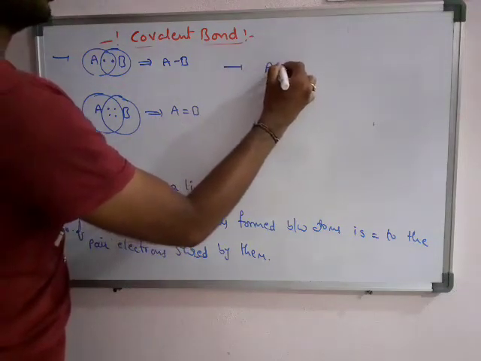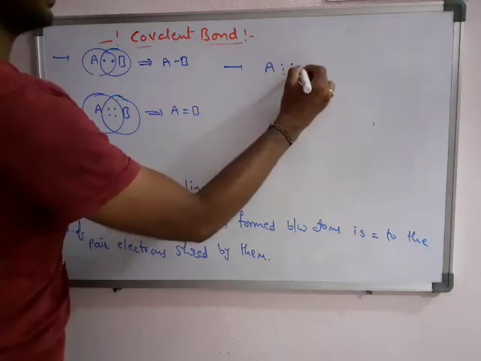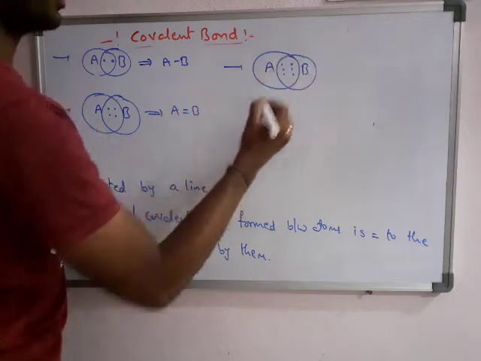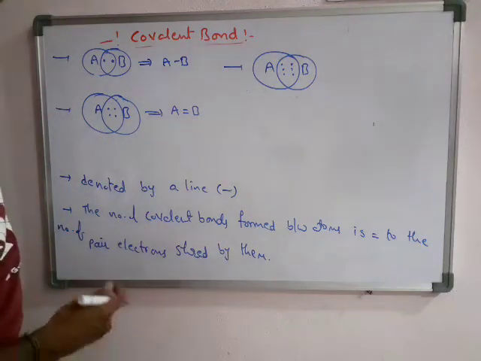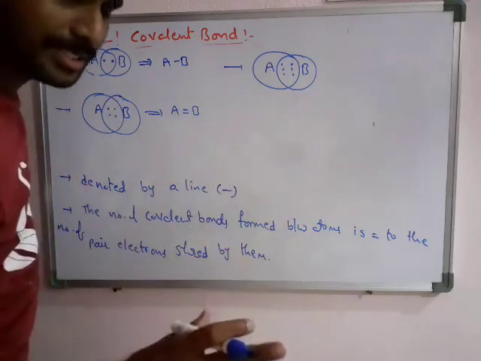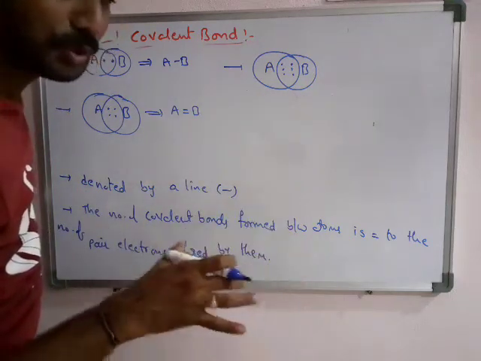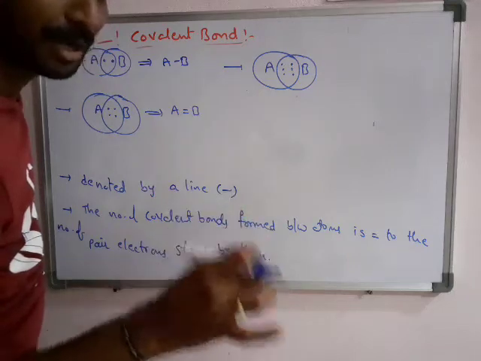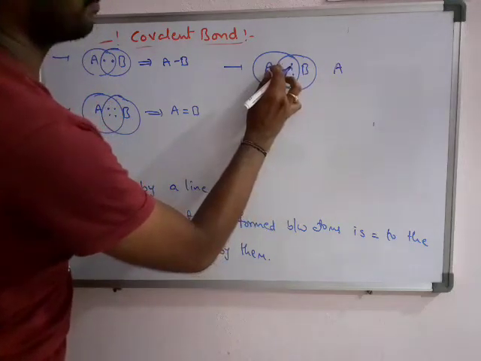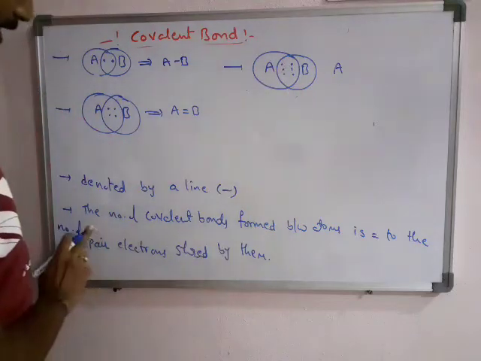Next, if 3 pairs of electrons are shared between the two atoms, they are under the attraction of two nuclei, present exactly in the middle of the two nuclei.